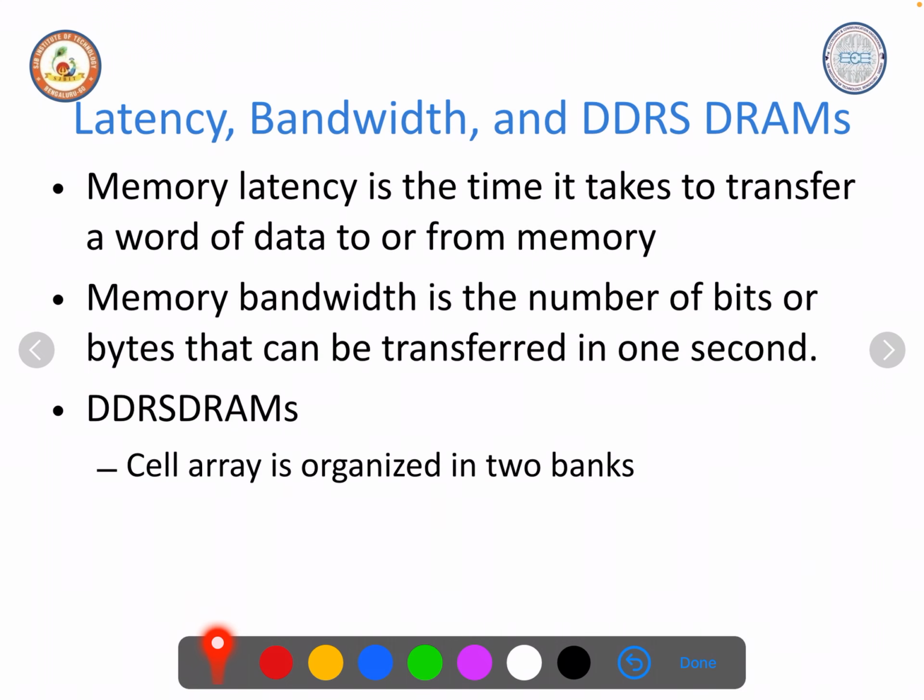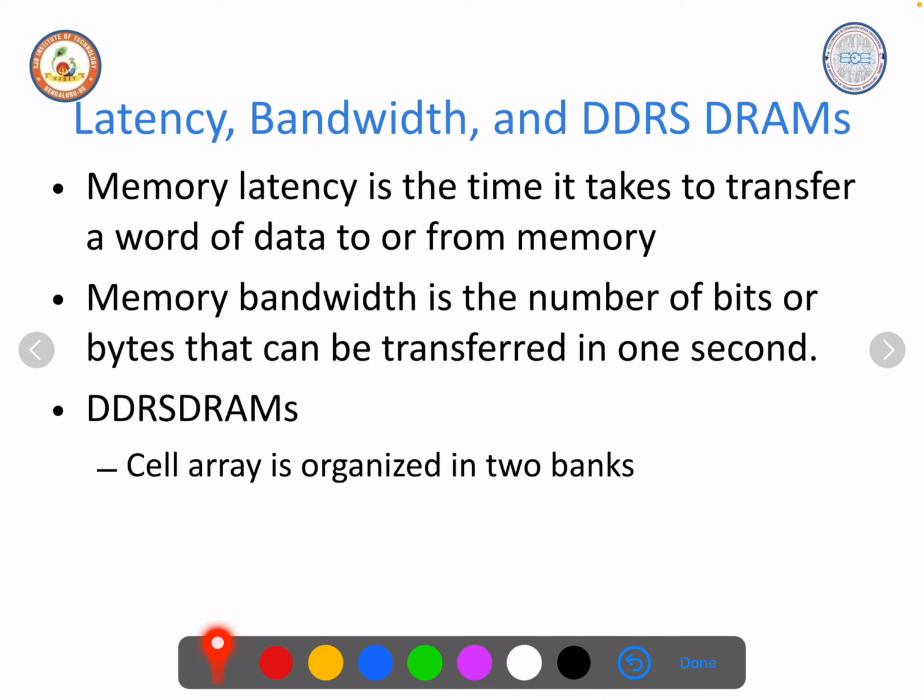Coming to the next topic, which is about latency, bandwidth and DDR SDRAMs in the DRAM cell. As we know, after knowing how you read or write into a memory, one thing you need to know about is latency and bandwidth. Latency is the time it takes to transfer a word of data to or from the memory.